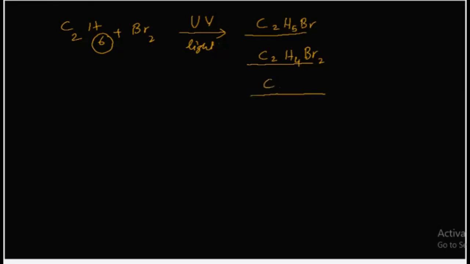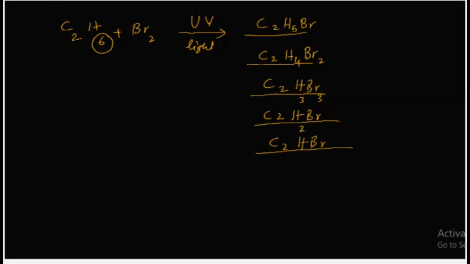Then if you want to get the next compounds, keep the carbon constant. Now reduce the number of hydrogen atoms, you will get 3 hydrogen, then increase the number of bromine atoms because 1 hydrogen is again replaced by bromine.